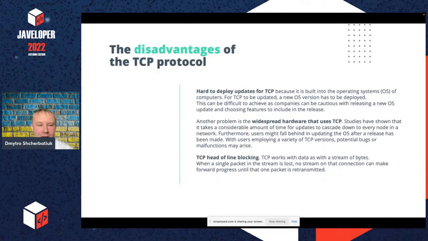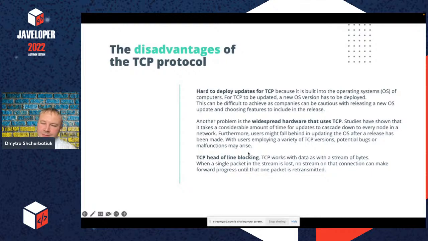It is not realistic. Another problem is widespread hardware that uses TCP. I just told about it, that there are a lot of devices that support TCP, and we can't update them every time. Another important problem: TCP has head-of-line blocking.